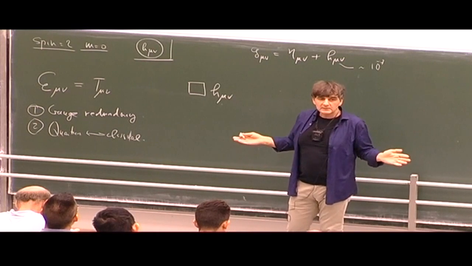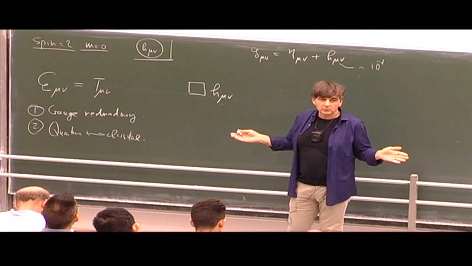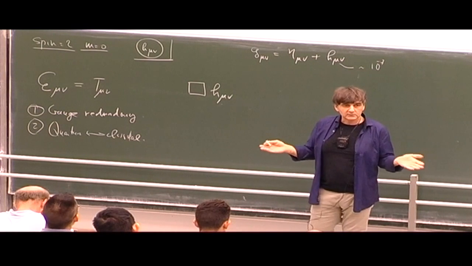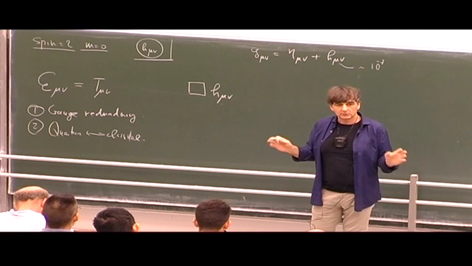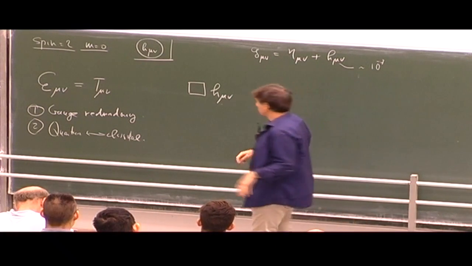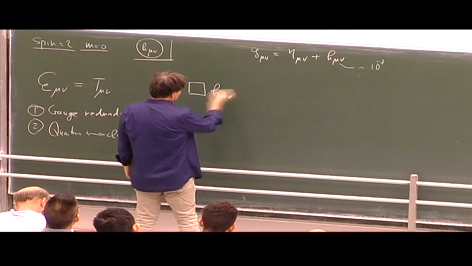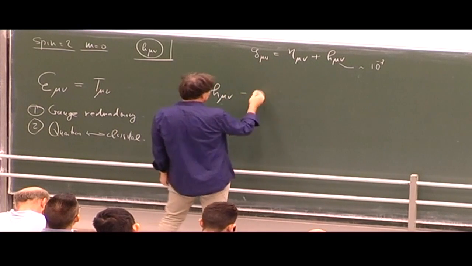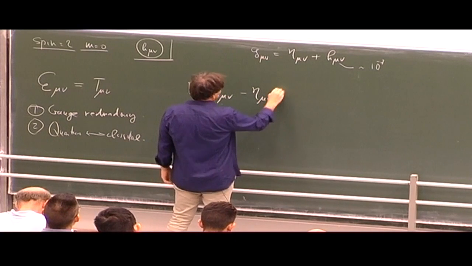So that's where we are: we see that gauge redundancy plays a fundamental role in the formulation of those theories. Now, okay, so let's study this theory a little bit.